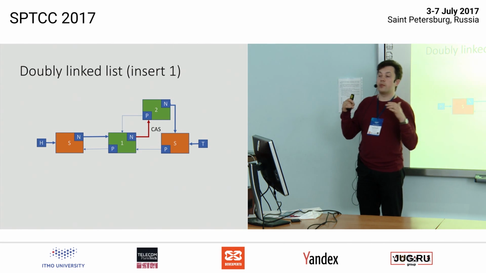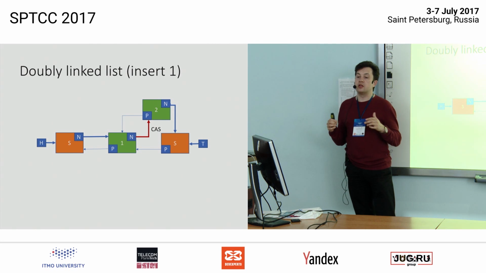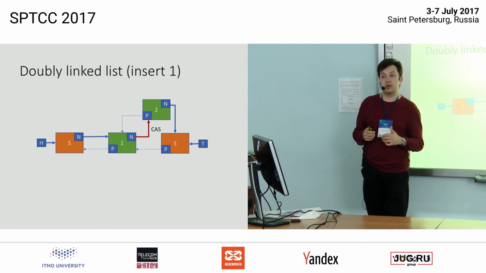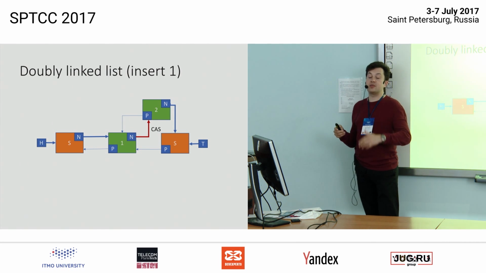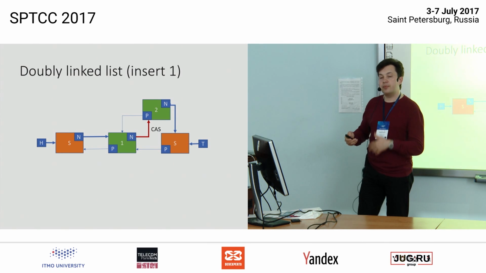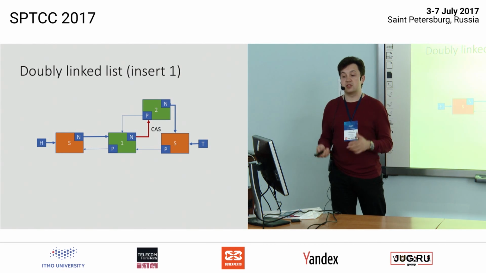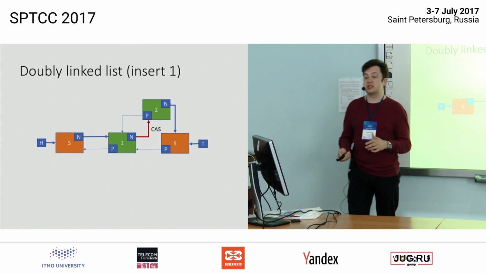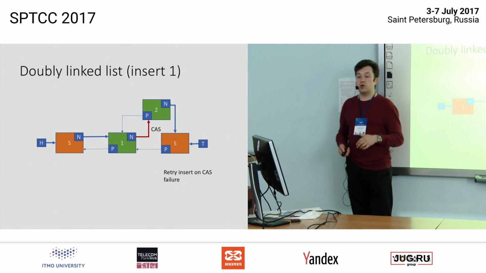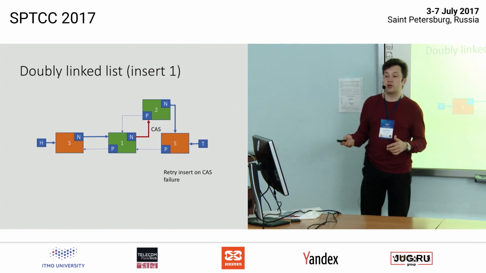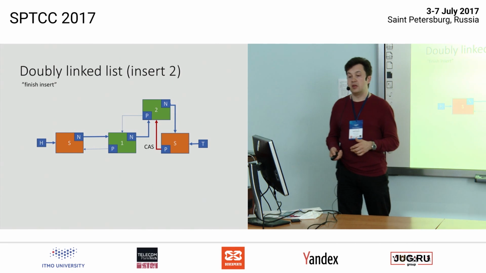That's the moment where the operation has taken effect. Now the chain of next links includes element number 2, and everything the algorithm does after that is just helping fix the other references. If we failed in that case, we just retry, reinitialize, and do it again.